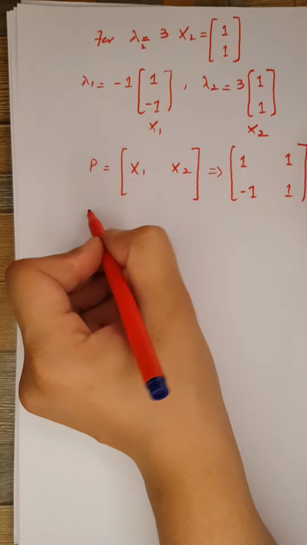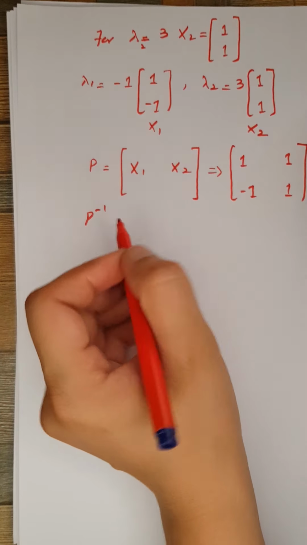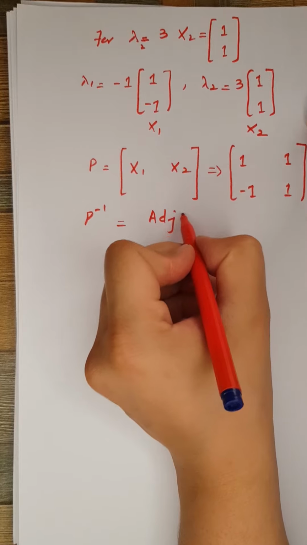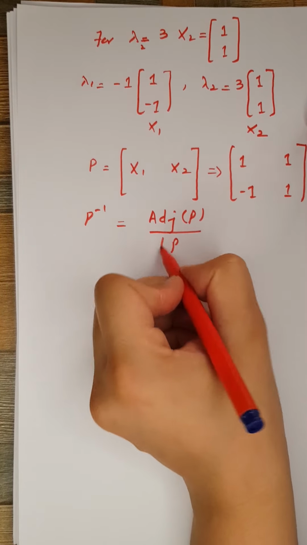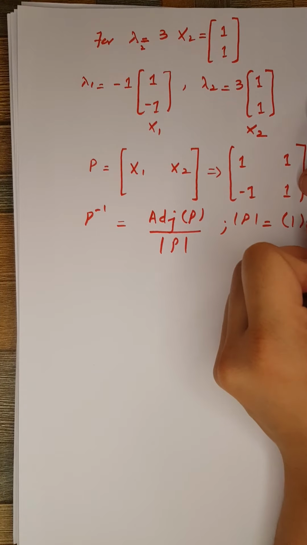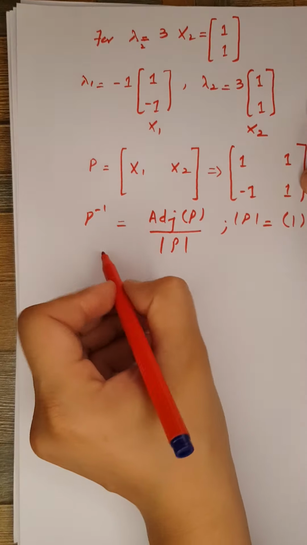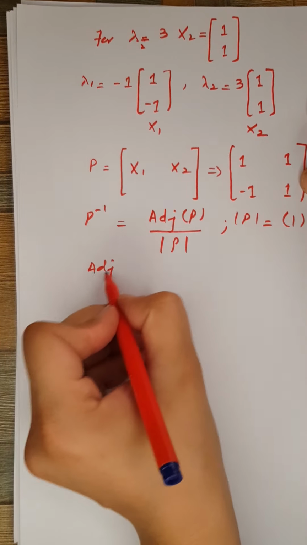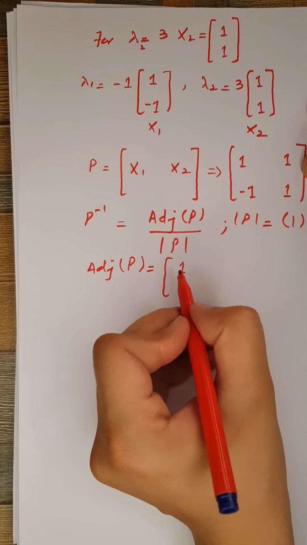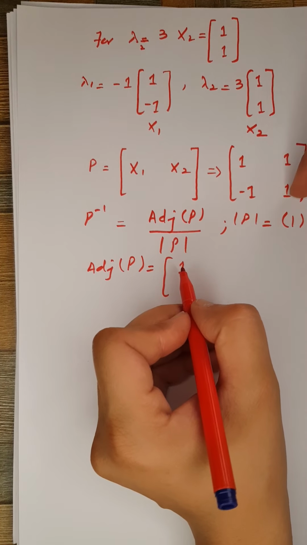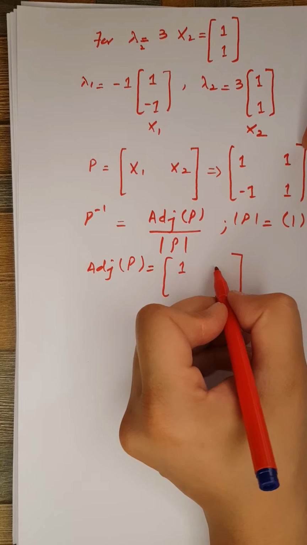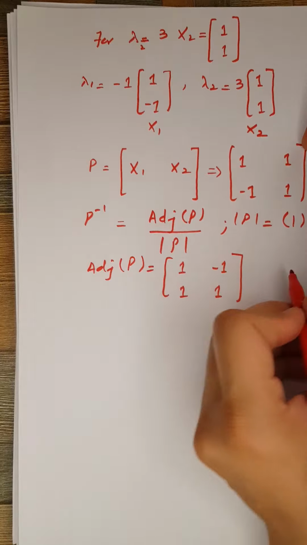Once you have found P, the next step is to find P inverse, that is found by taking the adjoint of P over the determinant of P. So the determinant of P is 1 plus 1, which is equal to 2, and the adjoint of P is equal to what? You have to swap the diagonal entries, and then you just reverse the signs of the non-diagonal entries.